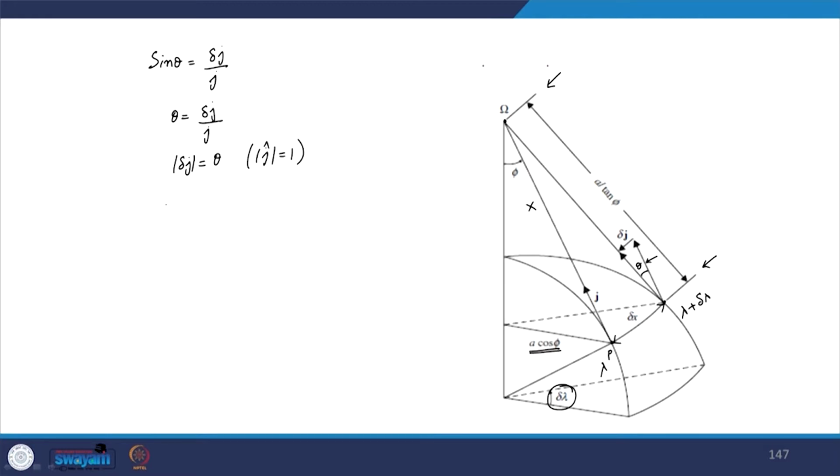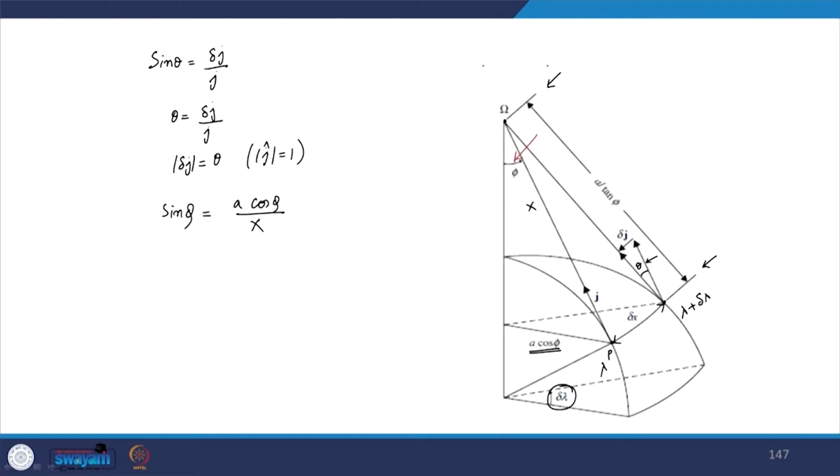Now we talk about sin phi. Sin phi is a cos phi by x. This angle is phi, you see this angle, right?